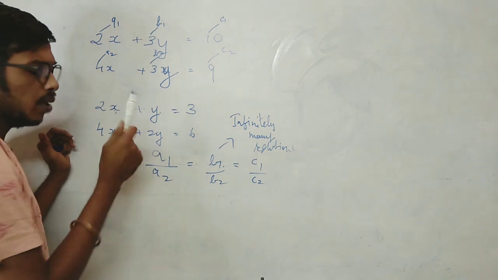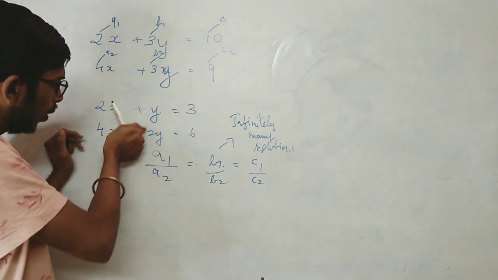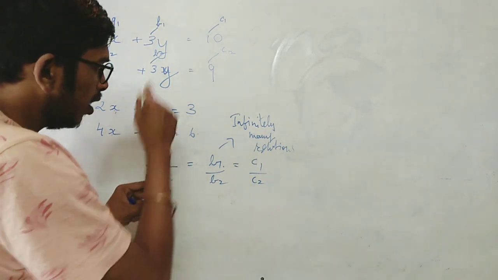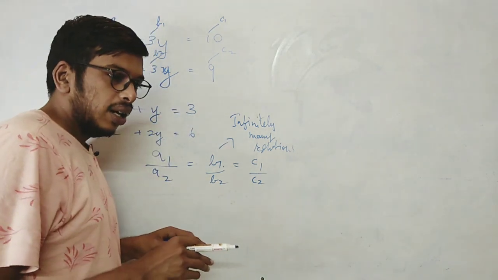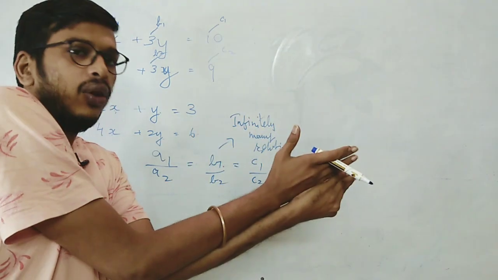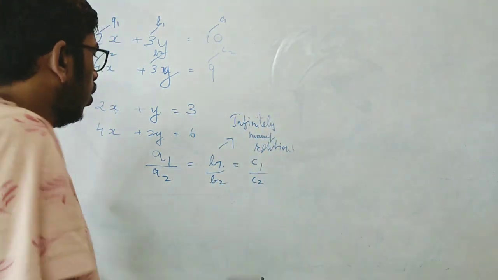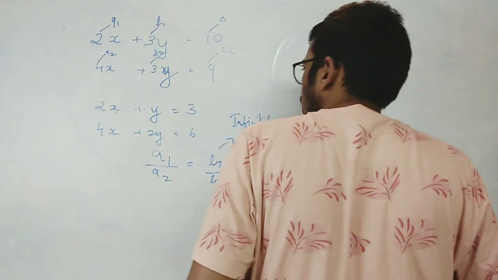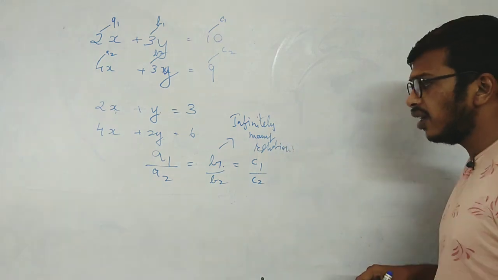Here also it will come 1 comma 1. So A1 by A2 equal to B1 by B2 equal to C1 by C2 says that this pair of linear equations has infinitely many solutions, because both these lines exactly lie on each other. That is, they just coincide.